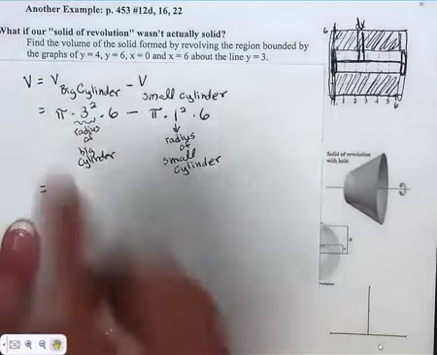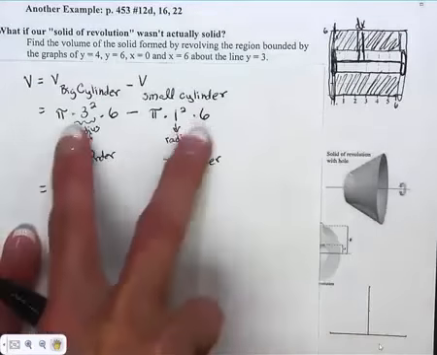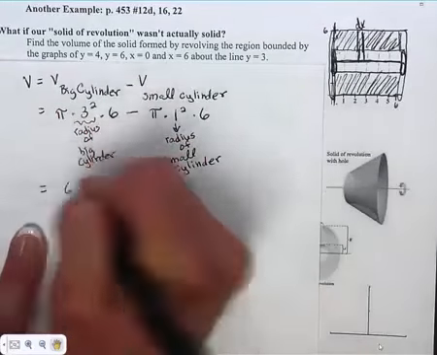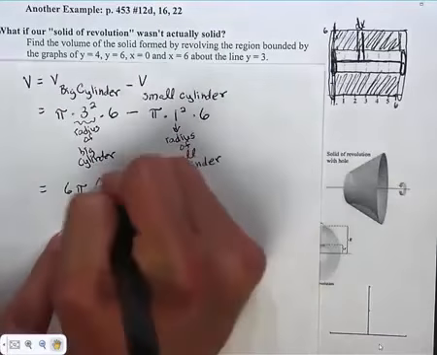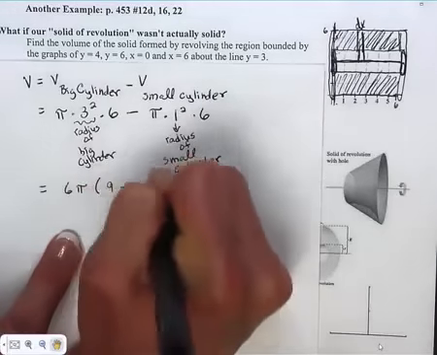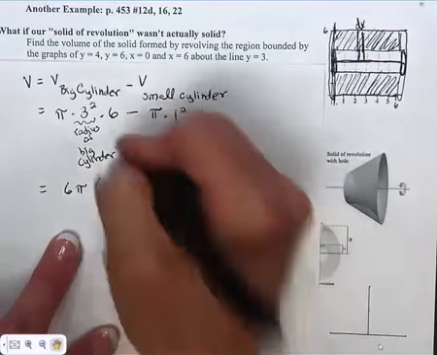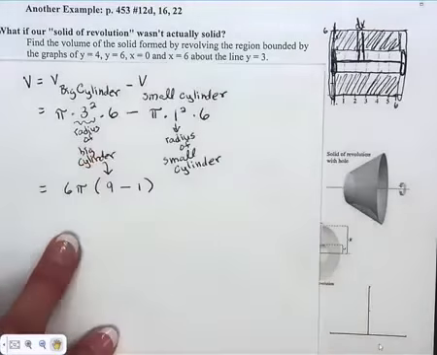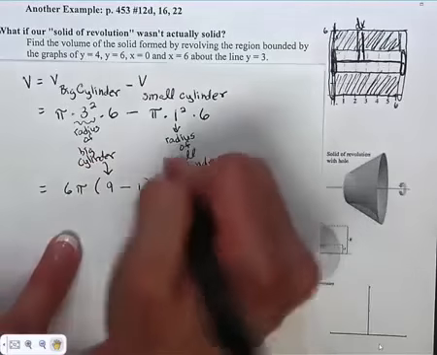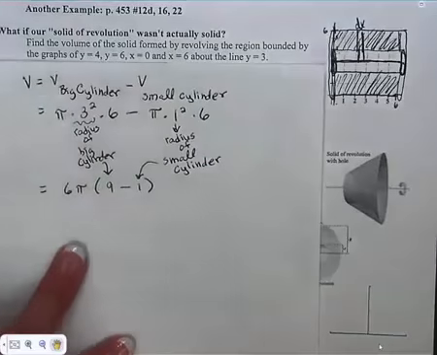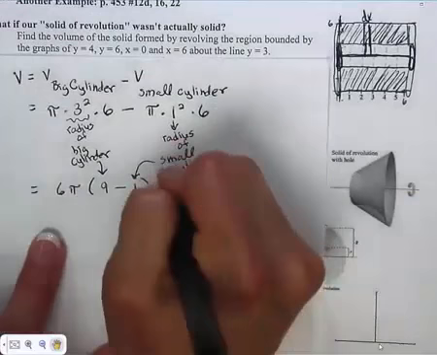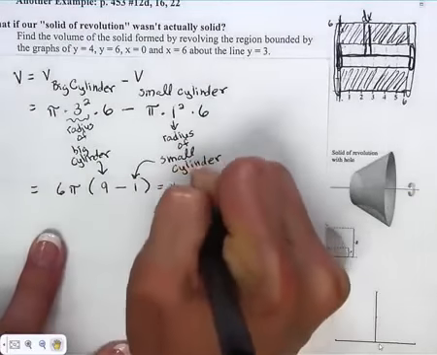And the volume of that solid, let's just factor out a 6 pi here. 6 pi, and we would just have 9 minus 1, where 9 is the radius of the big cylinder squared and 1 is the radius of the small cylinder squared. So the volume of that whole thing is 48 pi.